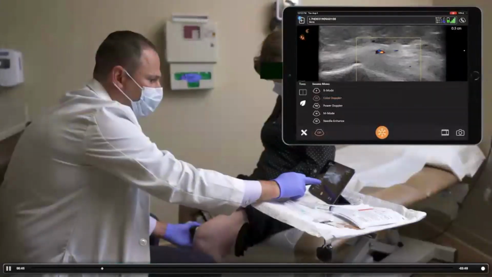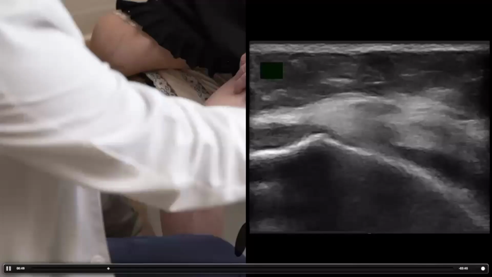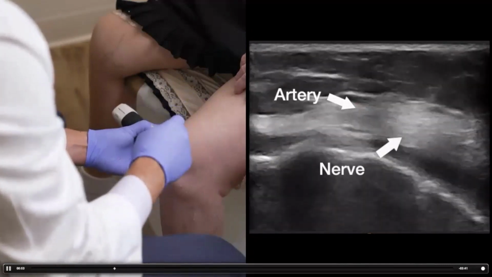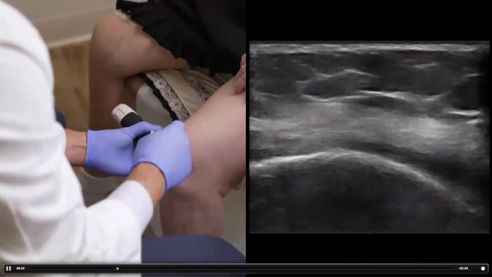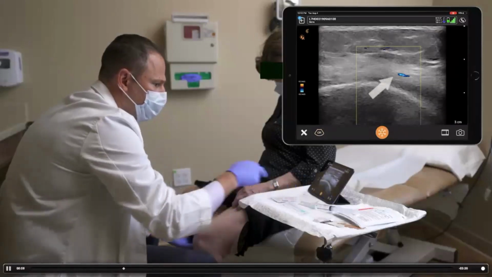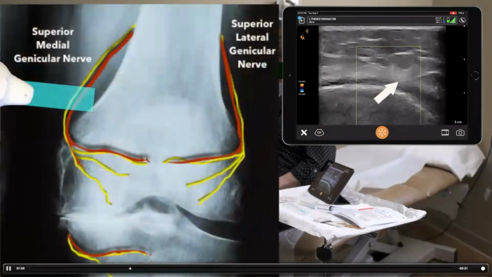Take off the Doppler, and one can see the nerve next to the artery. Scanning distally, the nerve approaches the corner of the epicondyle with the blood vessel as it descends to innervate the knee.